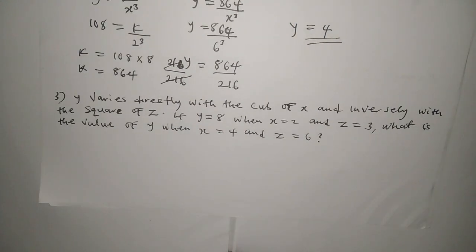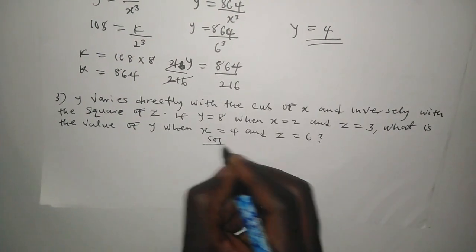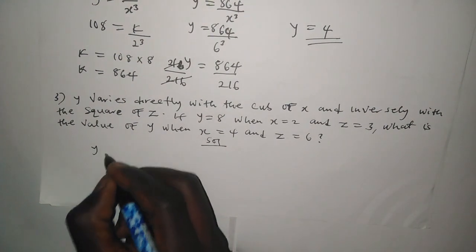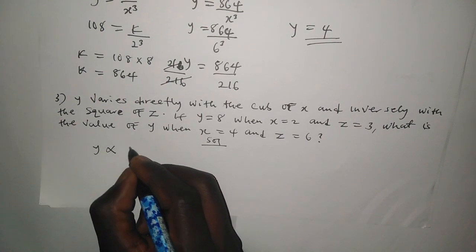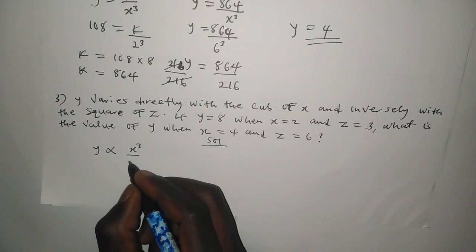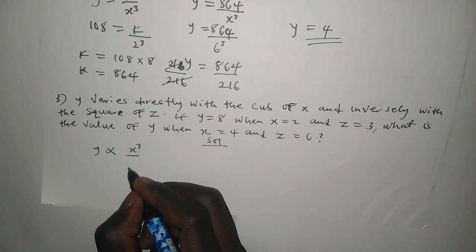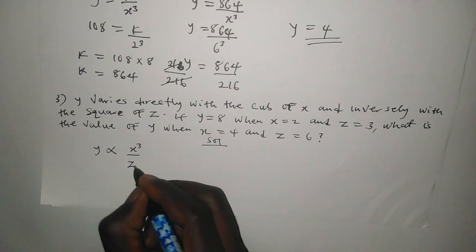Let's take another question. The question says, y varies directly with the cube of x and inversely with the square of z. If y is equal to 8 when x is 2 and z is 3, what is the value of y when x is 4 and z is 6? Solution: y varies directly with the cube of x and inversely with the square of z.